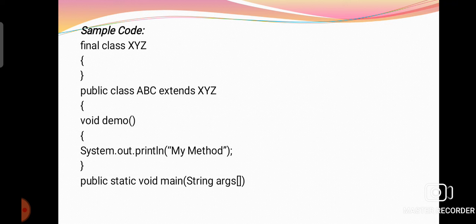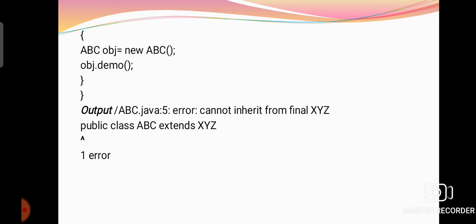Actually this program logic is wrong, since XYZ is a final class and we can't inherit a final class in any class. In our code we try to inherit XYZ in the subclass ABC, so it is logically wrong, since a Java final class cannot be inherited. So we get the output with the error.